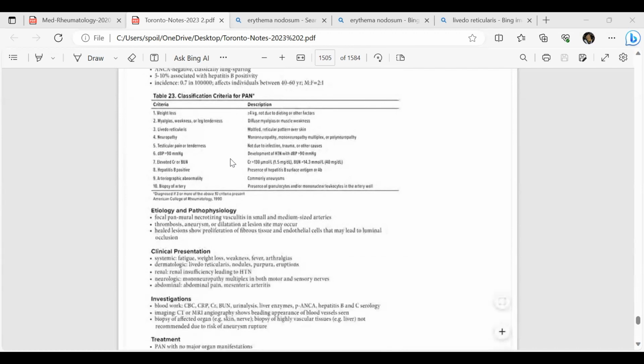And the classification criteria of polyarteritis nodosa is weight loss, weakness, leg tenderness, livedo reticularis, neuropathy, testicular pain or tenderness, elevated creatinine or BUN, hepatitis B positive, arteriographic abnormality, and biopsy of artery.